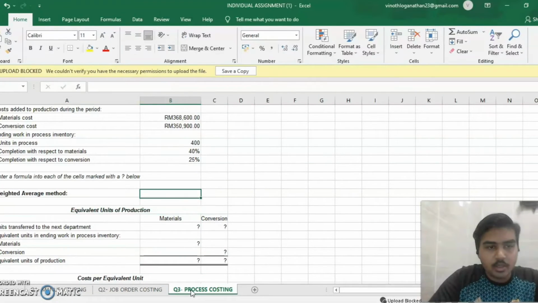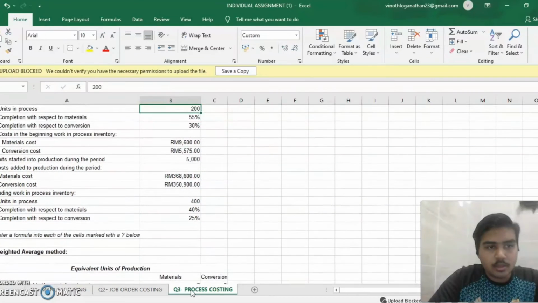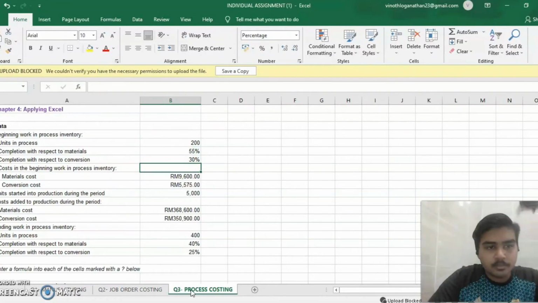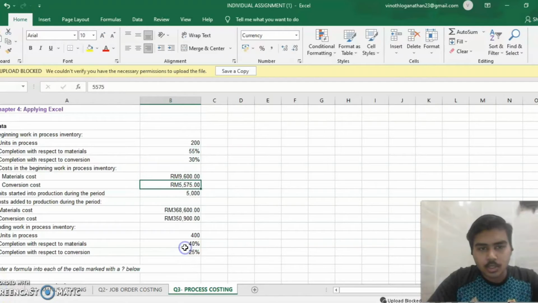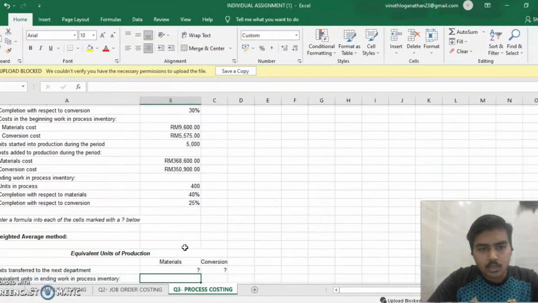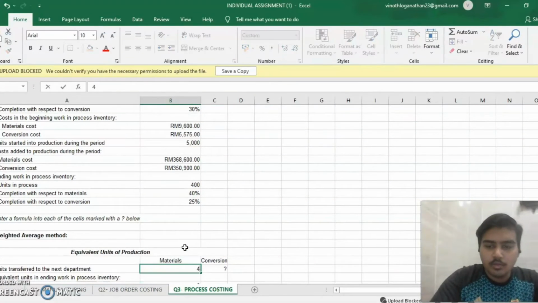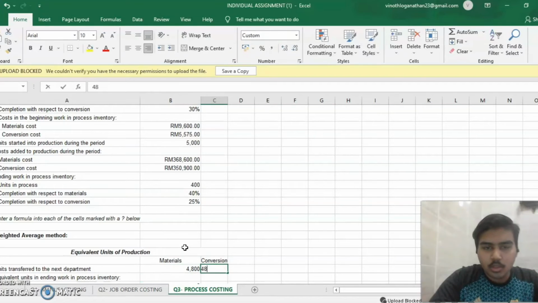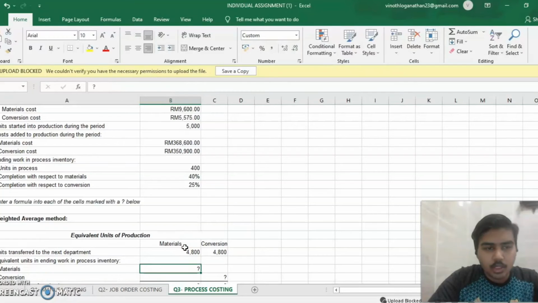Here we have units transferred. Okay, so here the units transferred is 4,800 for both, and then we calculate the equivalent units in work in process.